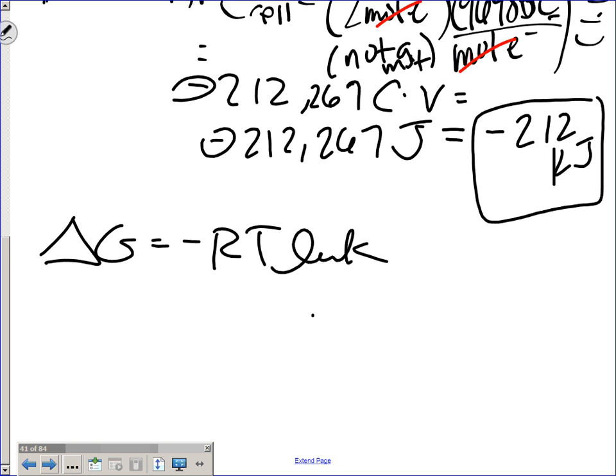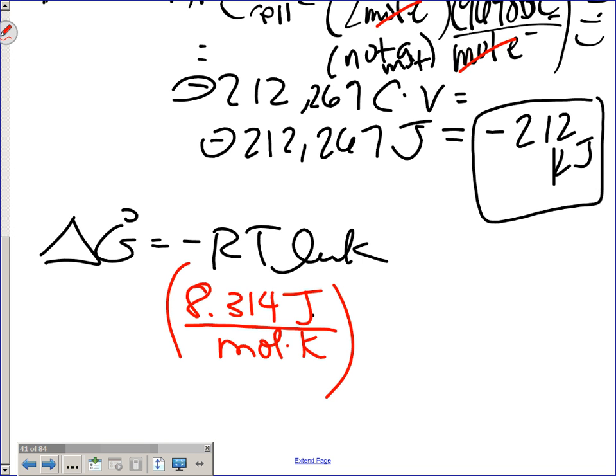R is 8.314 joules. And then assuming standard temperature, what's standard temperature here? 298 Kelvin, because it's going to be in Kelvin, and 25 degrees Celsius is standard for these problems. That's an 8, not a 3.